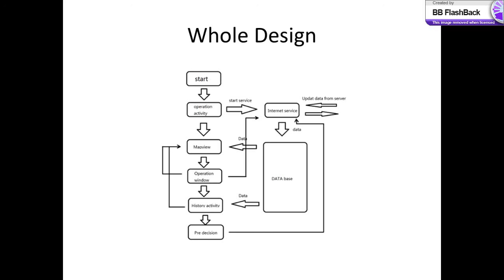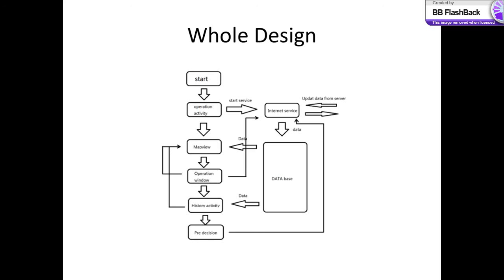We will have a detailed history record in the history activity. It is another important part of the whole design, and it not only shows the detailed history in the application, but also has a reminder to remind the user which victim has not been considered.